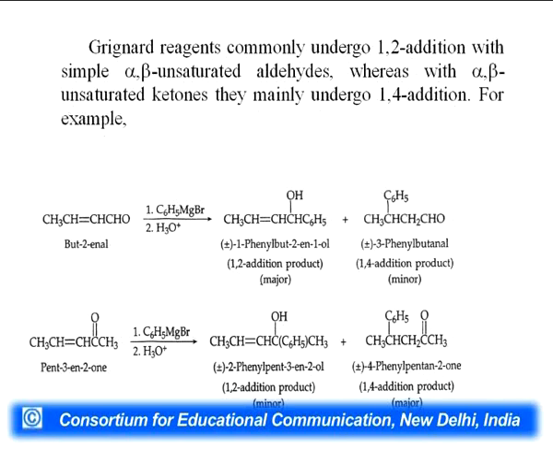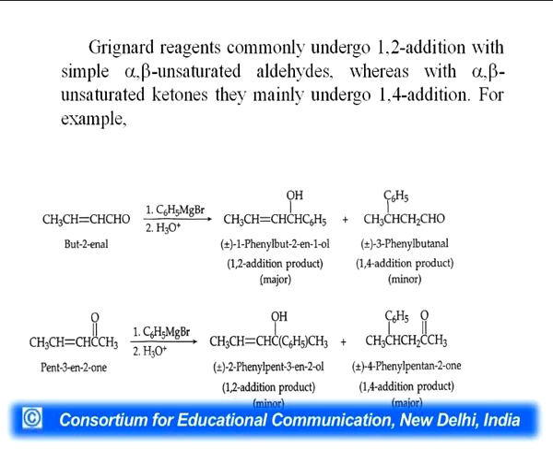Grignard reagents commonly undergo 1,2 addition with simple alpha beta unsaturated aldehydes, whereas alpha beta unsaturated ketones undergo 1,4 addition. In the reactions, you can see but-2-enal reacting with the Grignard reagent phenyl magnesium bromide, followed by hydrolysis, to give 1-phenylbut-2-en-1-ol, a 1,2 addition product, as we discussed in the last slide, where the 1,2 addition product is formed with aldehydes and the 1,4 addition is the minor product.